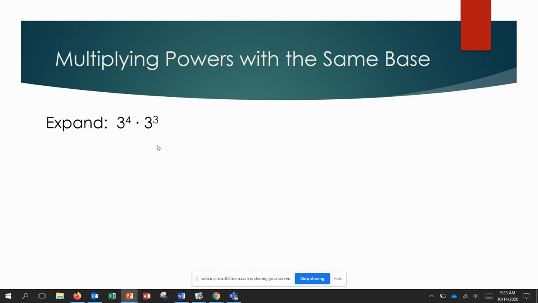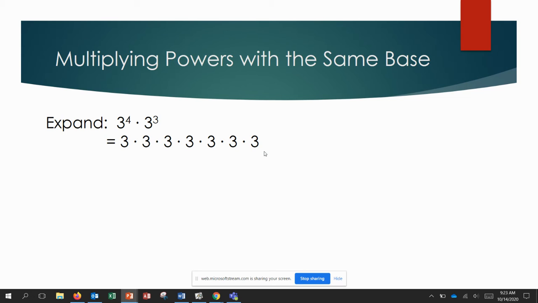So let's expand. When I say expand, I say write 3 to the 4th and 3 to the 3rd as the product of the numbers they are. So 3 to the 4th will be 3 times 3 times 3 times 3, and 3 cubed will be 3 times 3 times 3. So when we multiply those together, we have 3 times 3 times 3 times 3 from 3 to the 4th times our initial multiplication, 3 times 3 times 3.